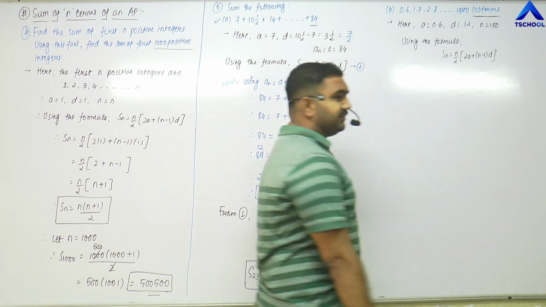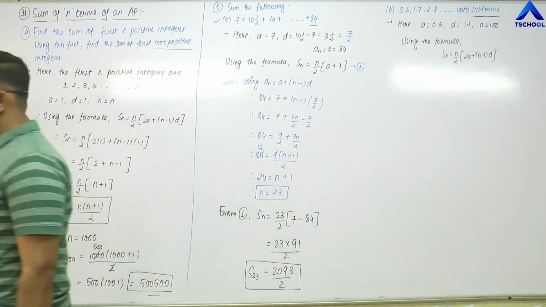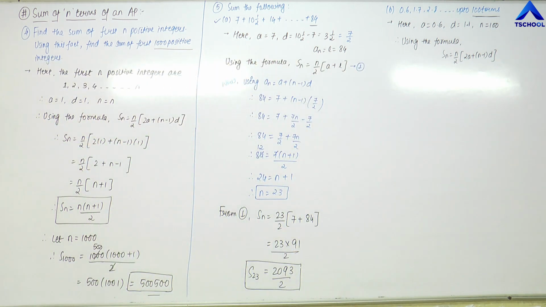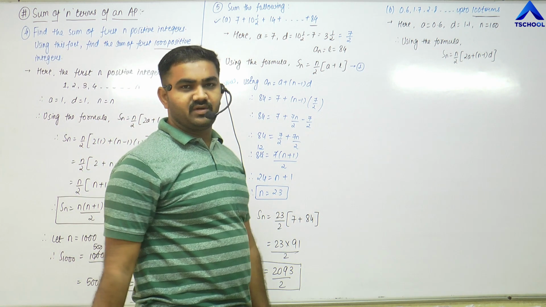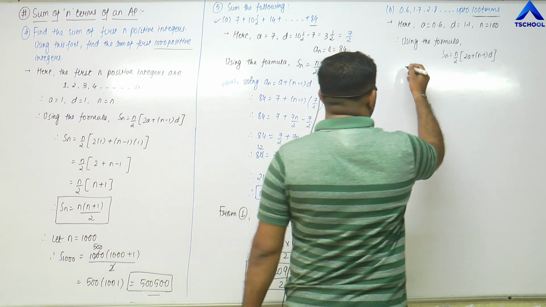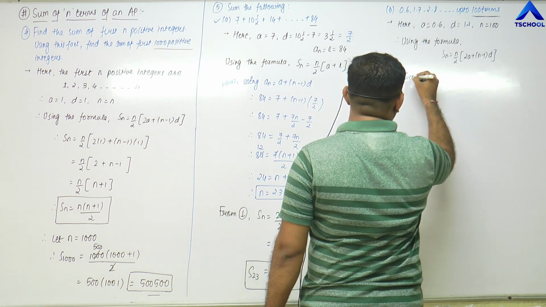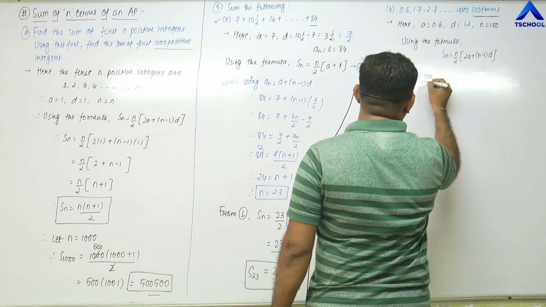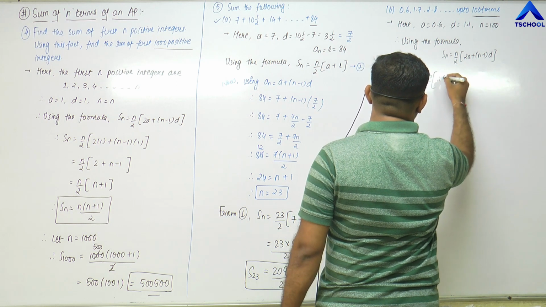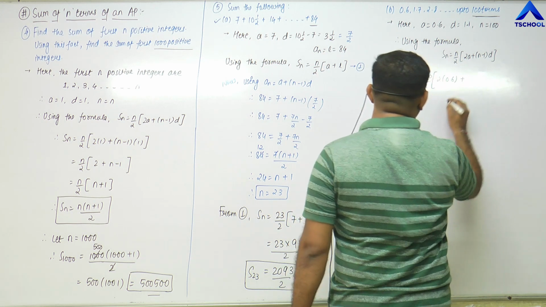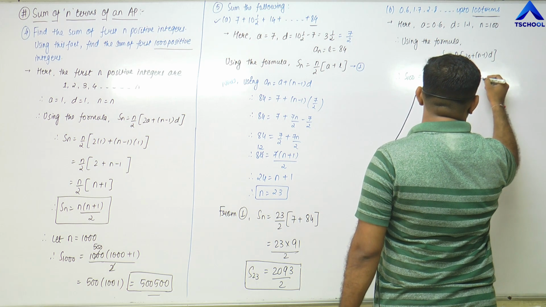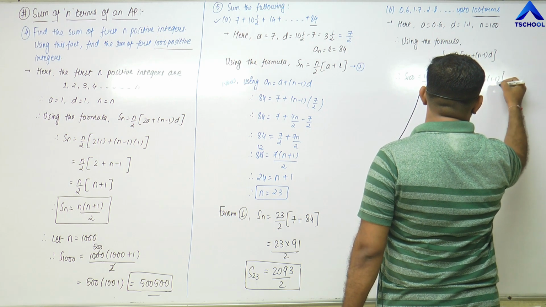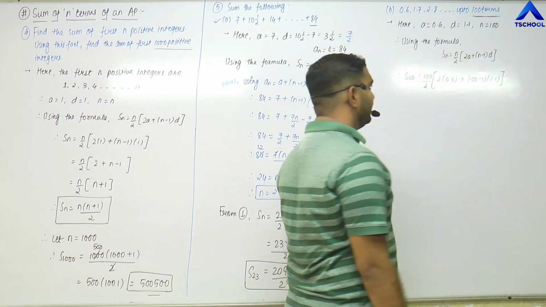right? Because see, friends, we are not given the last term, and it would be foolish to first find the last term and then use the formula Sn equals n by 2 into a plus l. Therefore S100 is equal to 100 by 2 into 2 into 0.6 plus n minus 1, that is 100 minus 1, into 1.1, right?